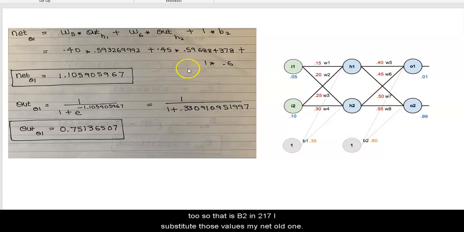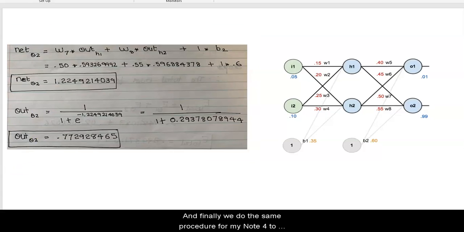When I substitute those values, my net O1 is this. Now after that, again the same procedure: pass it through my activation function and we get the value of out O1. And finally, we do the same procedure for my node O2.